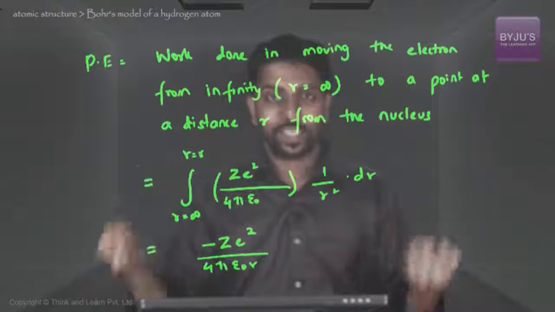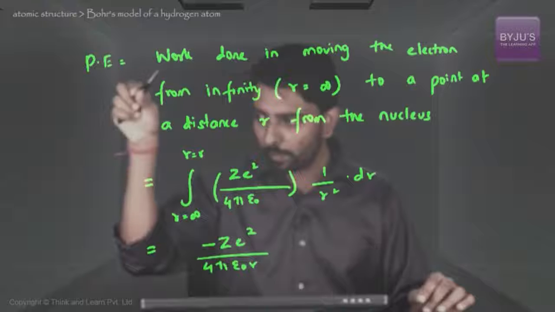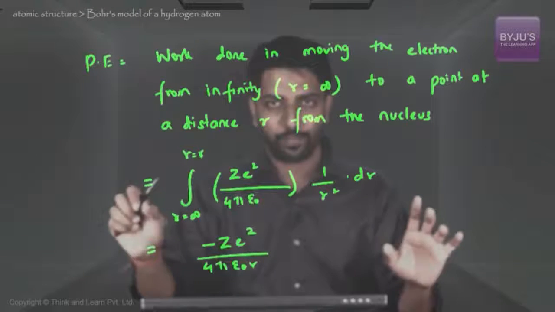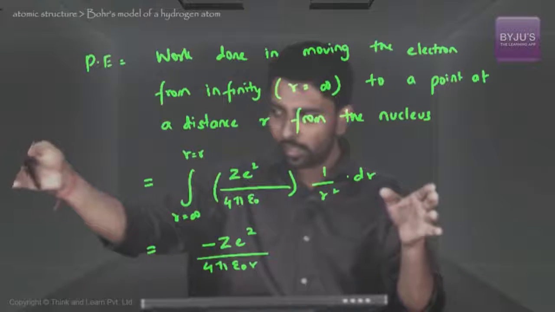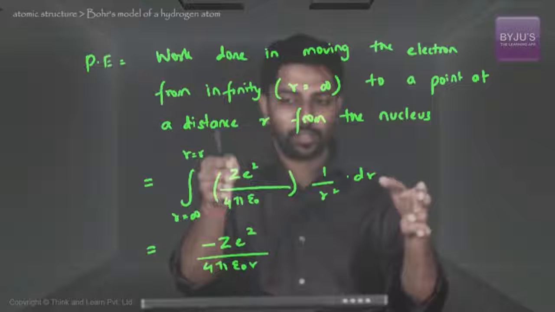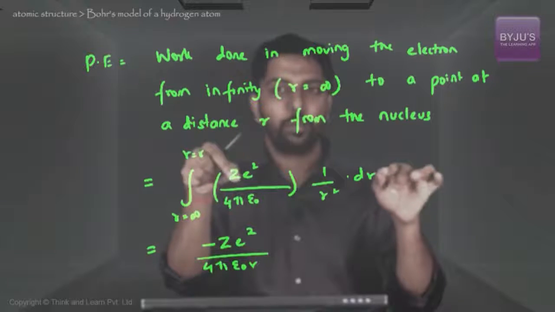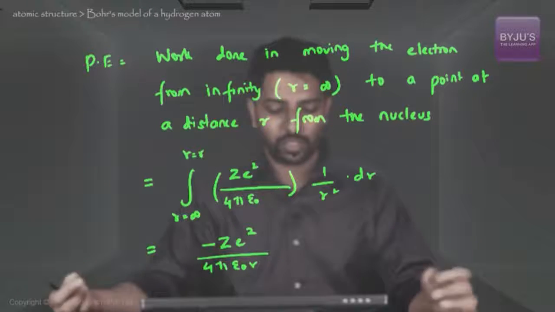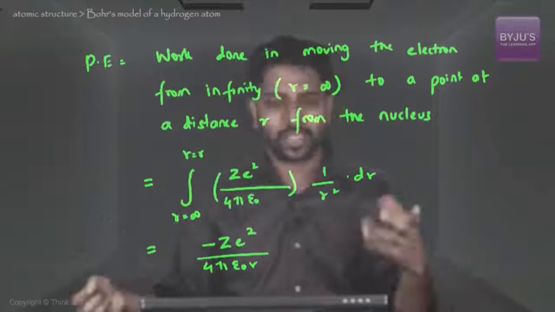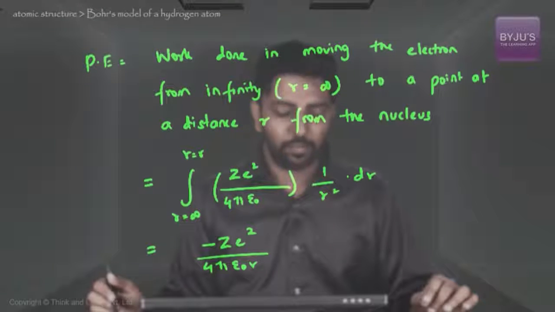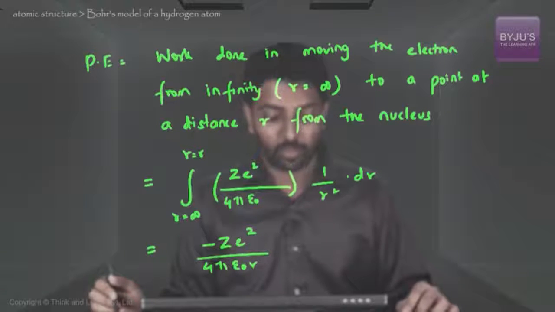We are moving the electron from distance r equals infinity to a distance r equals r. After we push it in infinitely many such small installments, the final position of the electron is at a distance r. Earlier it was r equals infinity. So we use a bit of fancy calculus, we use integral calculus, we integrate dW, which is nothing but F vector dot dr vector.